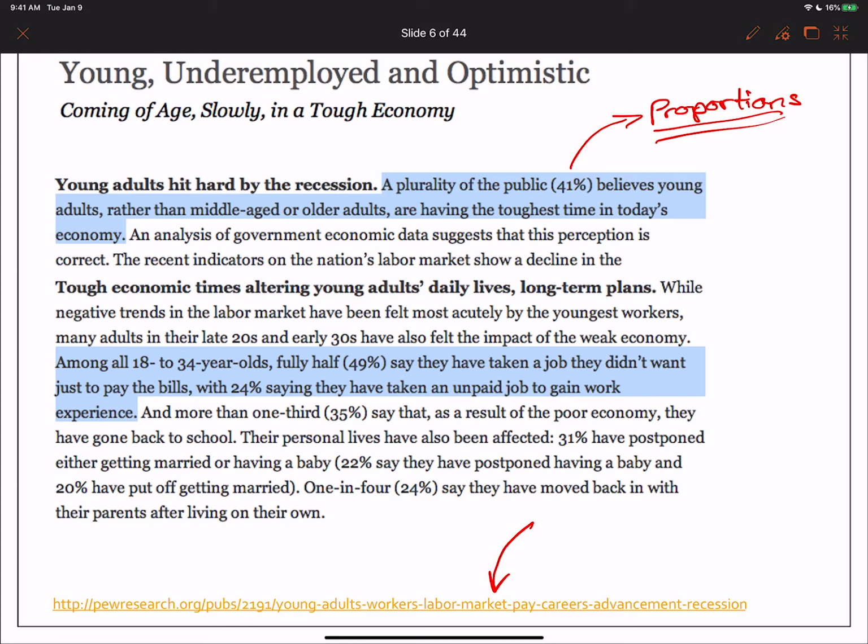If a question was asked, like, what's the proportion of this and that, your answer would be a percentage, because the proportion is a percent. It could either be a decimal or a percentage. So the percentages and the proportions are used interchangeably.